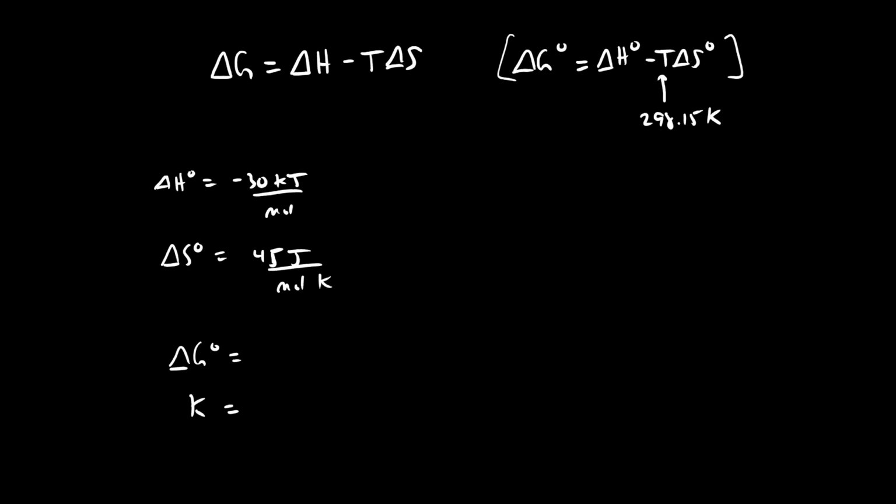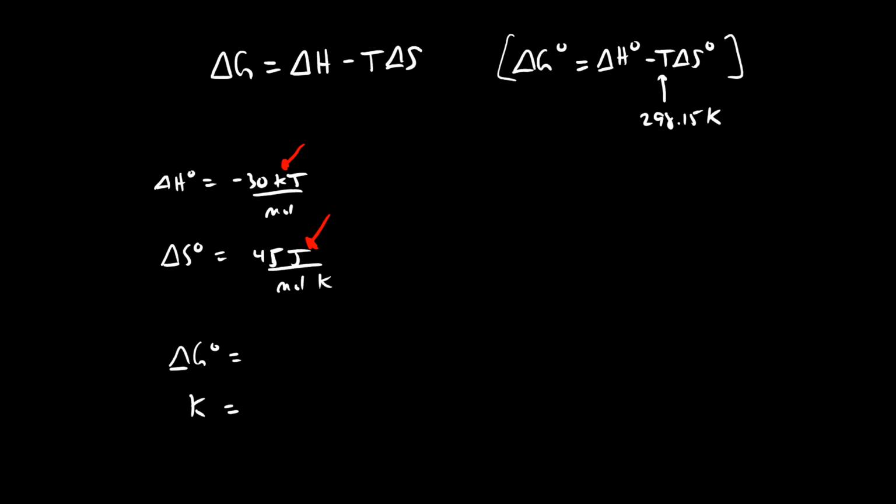All right, so let me point out units here first. So note that the enthalpy is given in kilojoules per mole, but entropy is given in joules per mole Kelvin. Okay, you'll very commonly see that enthalpy and Gibbs free energy both have the unit of kilojoules per mole, but entropy is almost always in joules per mole Kelvin.